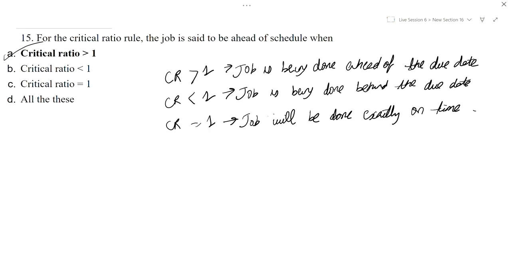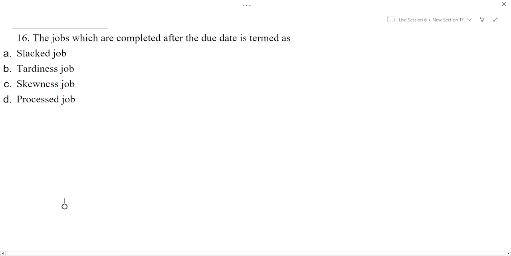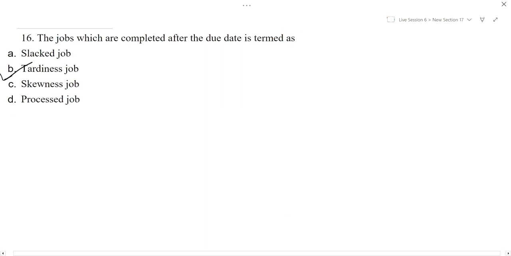So the next question, the jobs which are completed after due date, which is termed as which? Tardiness job. We already saw in so many questions. The correct option is tardiness job.